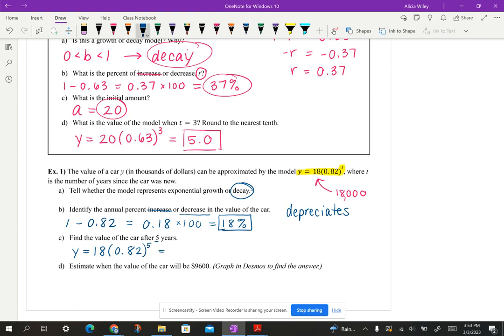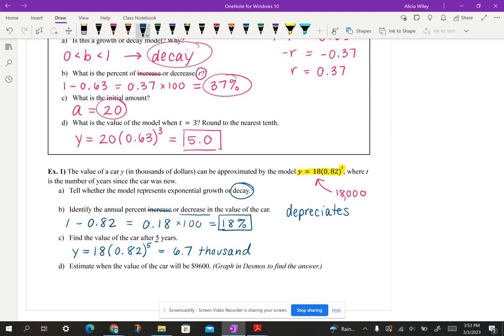And I got, it doesn't say what to round it to, so we'll just do the tenths. So that's going to be 6.7. So remember, that's 6.7 thousand, if you want to give it a title.